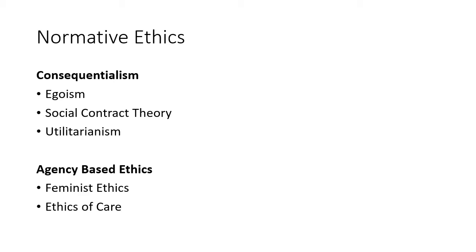I'm also not going to focus a lot on the deontological arguments that we looked at, but again, those have also been used for environmental ethics. The main reason why I want to focus on consequentialism versus agency-based ethics is because I think that these two contrasting views in a lot of ways can help set up how we think about the environment itself.